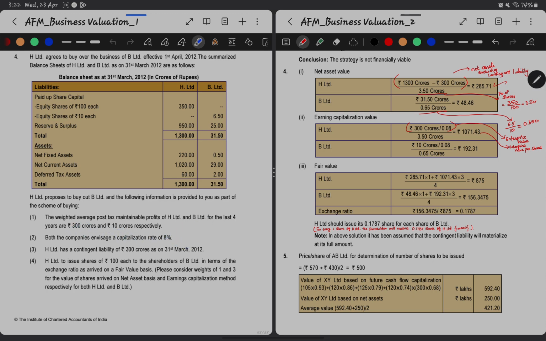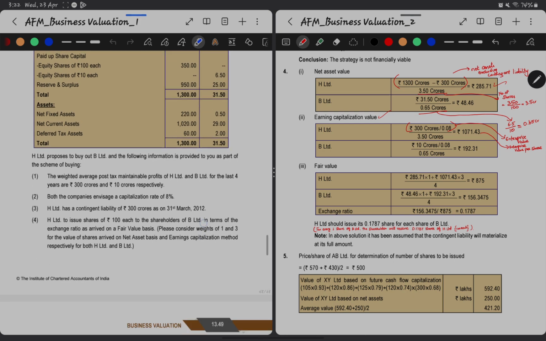So 300 divided by 8% will give us the enterprise value. Then dividing it by the number of shares will give us the per share earnings capitalization value. In case of H Limited it is 1071.43, and in case of B Limited it is 192.31.